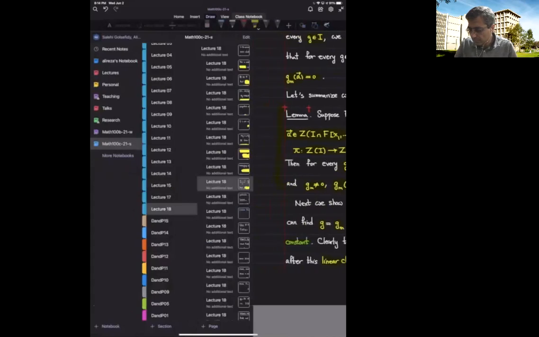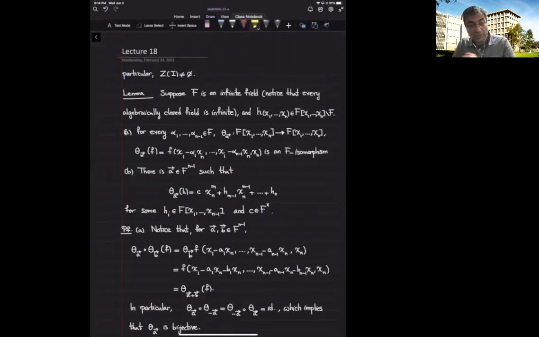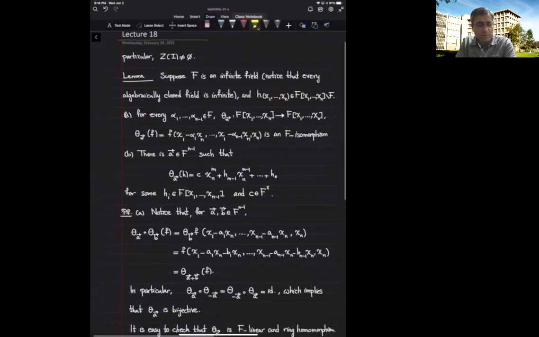Okay, so how can I make sure that I have such a linear change of coordinate system? Remember that F is algebraically closed. In particular, it cannot be a finite field.